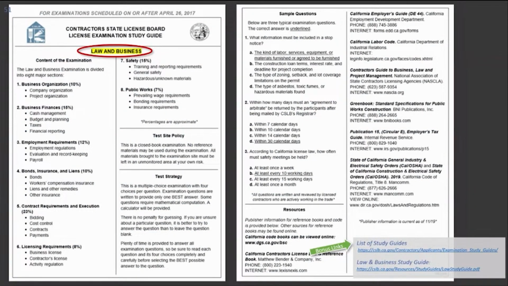Here is a quick look at 2 of those study guides. The first is the Law and Business exam, which all qualifiers must take, no matter which license classification, including the D Series limited classes. You can see the guide contains a breakdown of examination topics, some test strategies, sample questions, and resources that were used to help create that exam.